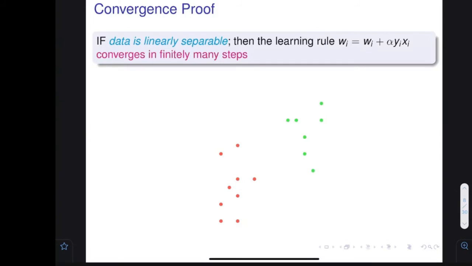Okay, now I want to discuss a very important concept. It tells you about the modification that you are going to do, that you modify the value of Wi as Wi plus alpha times yi xi. If you modify in this particular way, it is not going to take infinite time.